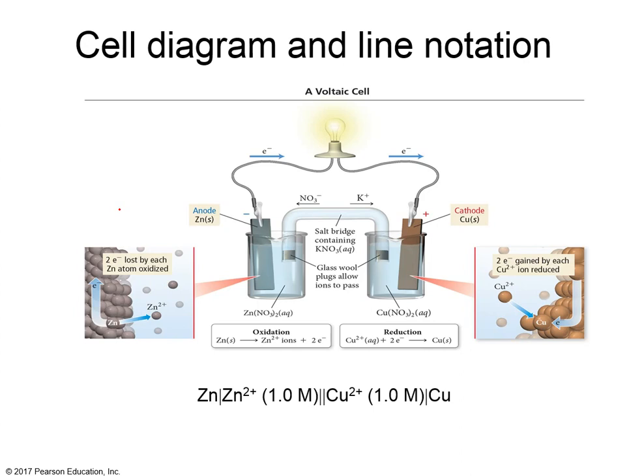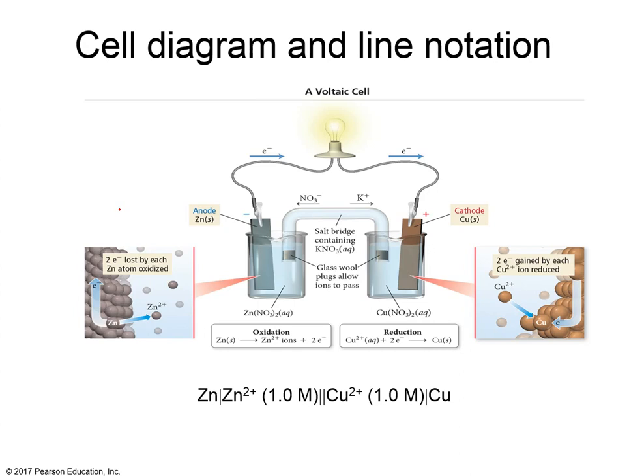We can show that using what we call a cell diagram. So here, if you look at a cell diagram, now we are not just putting a zinc strip in copper sulfate.